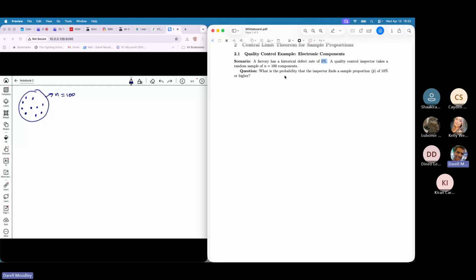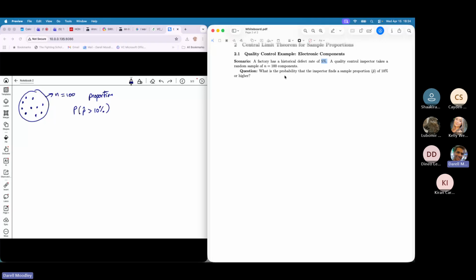And the question is, what is the probability that the inspector finds a sample proportion? The keyword is proportion. It's not averages, it's proportion. So what number out of the 100 would be defective? What they're asking is, what is the probability that the sample proportion, P hat, is greater than 10%?